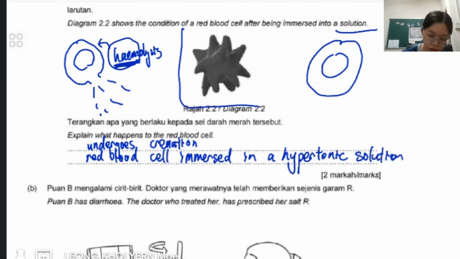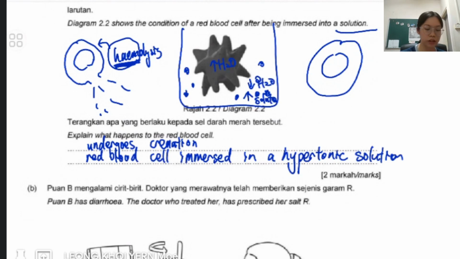So the red blood cell, let's say, here is a hypertonic solution. It means that outside has a very high solute concentration, meaning a low water potential. So the water in the red blood cell has a higher water potential, and the water will diffuse out of the red blood cell. That's why it will eventually shrink.